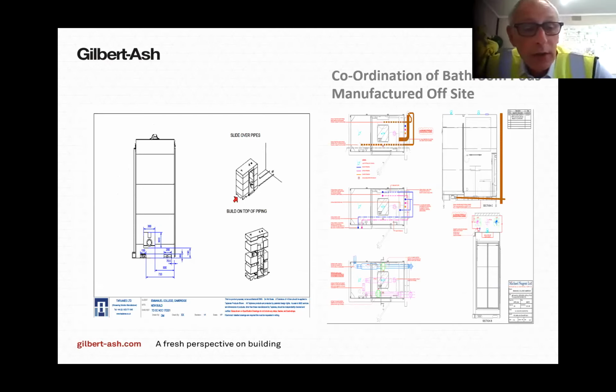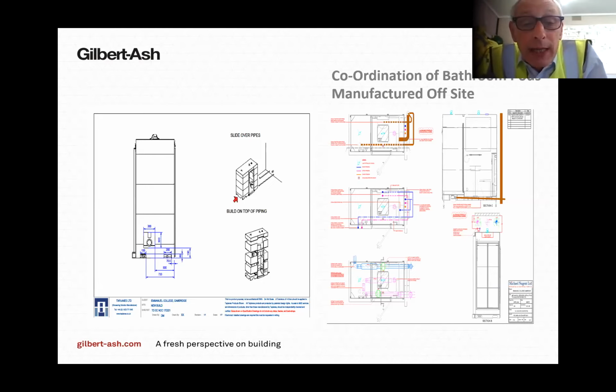As I say, we're concentrating really here on the NCC, or the North College Court building. While the guys have all gone for the lovely basement stuff, I picked the nice sexy finishing stuff, where we have to coordinate the bathroom pods, which are manufactured off-site. To the left, we can see the top lanes, which is the manufacturer chosen to produce the pods.